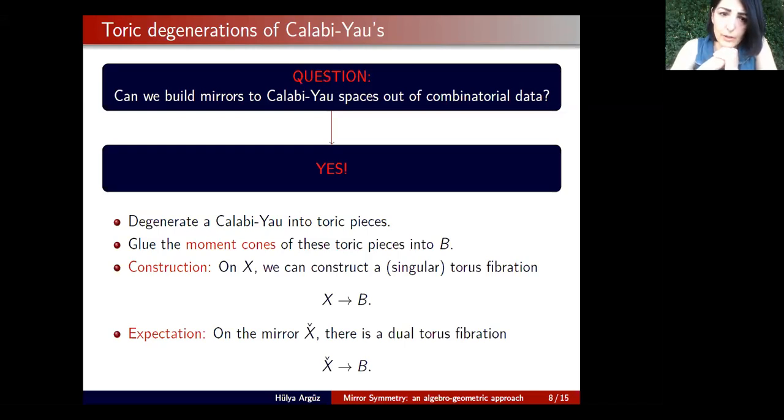So there are several constructions on how to build torus fibrations on Calabi-Yaus as well as on mirrors.